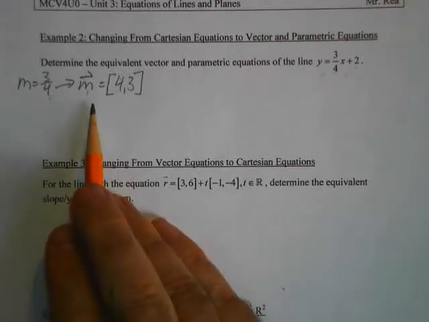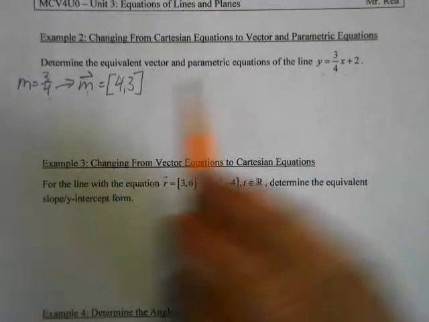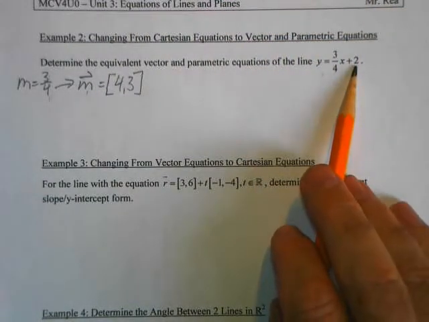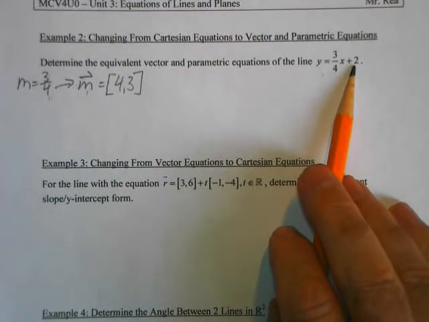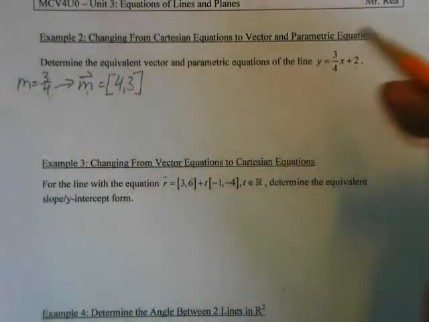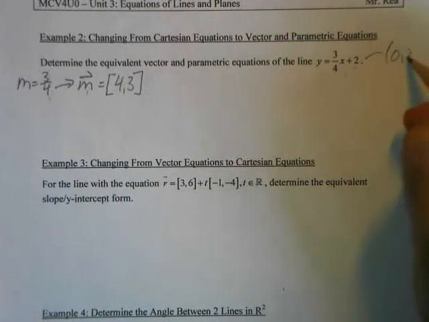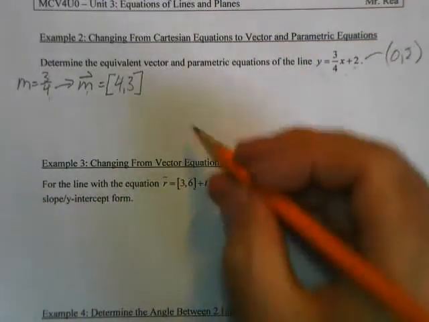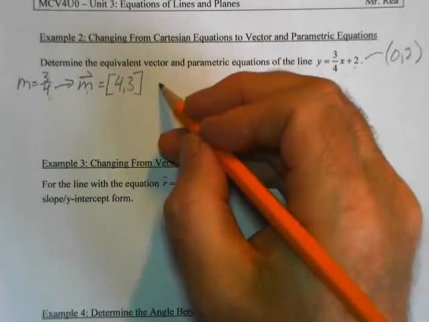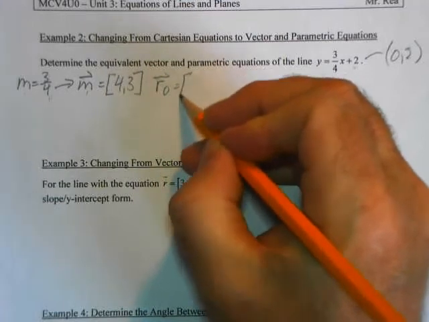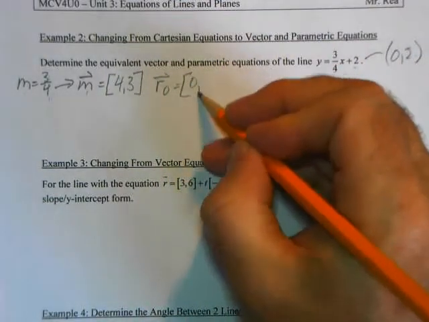So that's your direction vector. And I also have a point 0, 2. So I can do a position vector, I'll call it R0, which is equal to 0, 2.